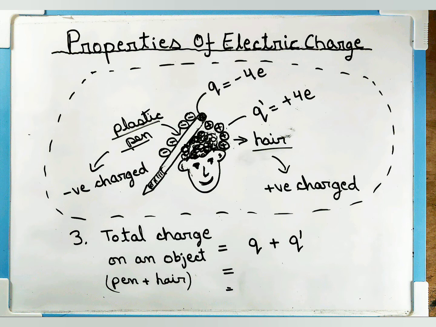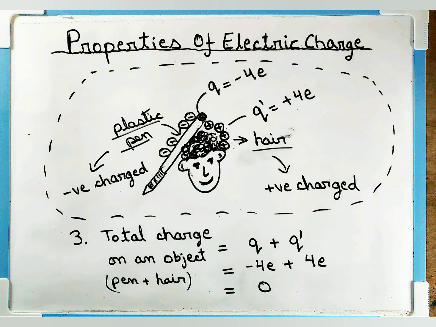So the total charge on the system will be, since Q is equal to minus 4e, we have minus 4e, and Q dash is equal to plus 4e, so we have plus 4e. And so the charge on the system now will be equal to 0. Minus and plus will be equal to 0. So if you are adding the charges, you'll have to take into account the nature of the charges, whether they are negative or positive. So you have to keep the minus sign and the positive sign also. So that is the additive nature of a charge.